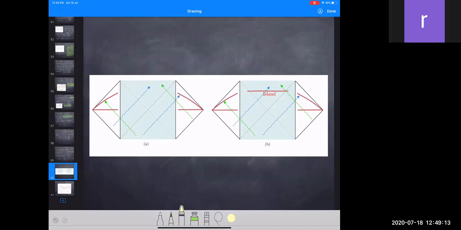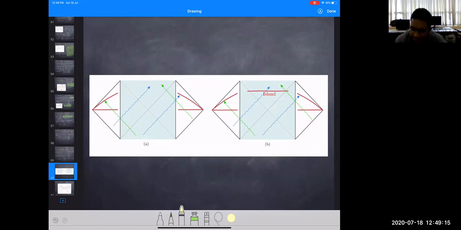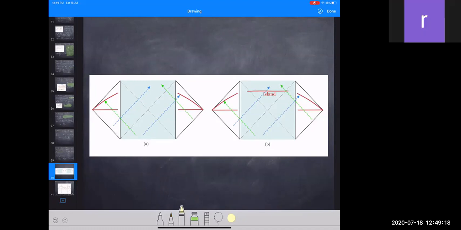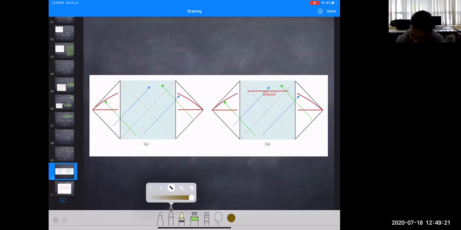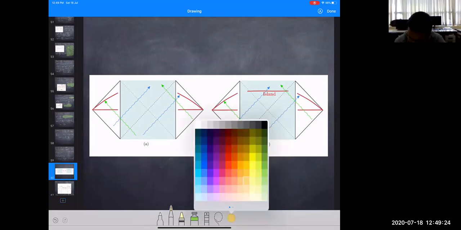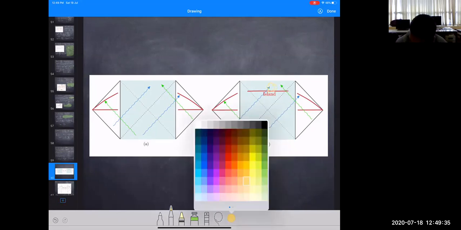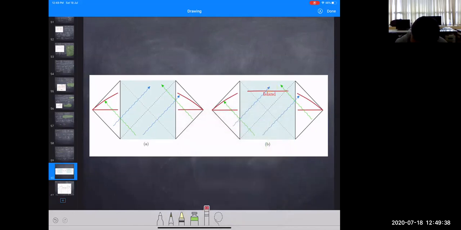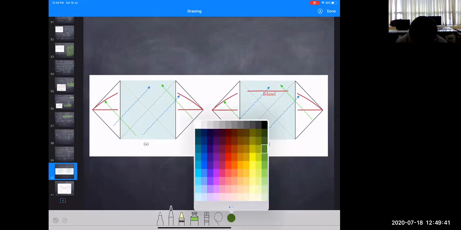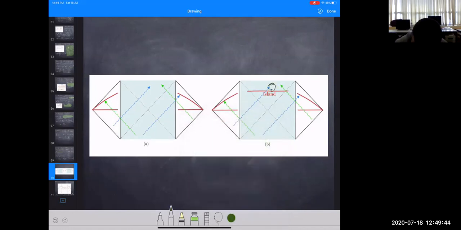Okay. So basically what we are saying is that the interior is really the island part. So in the words of entanglement wedge reconstruction, what do we say? If I want to construct an operator which is sitting here, I can really construct it from here.